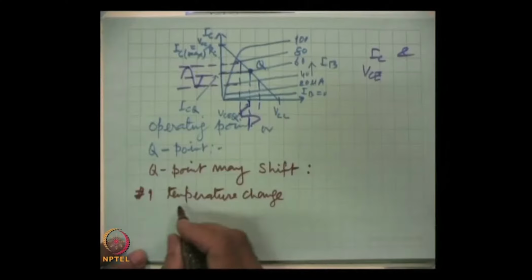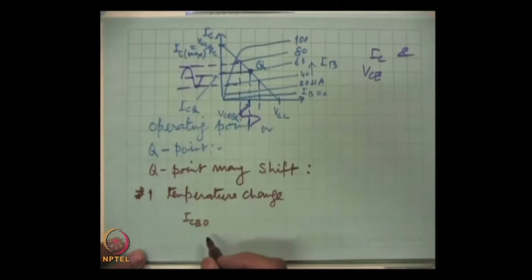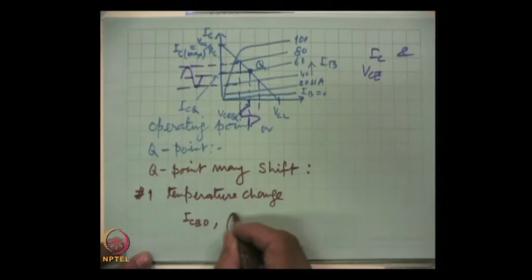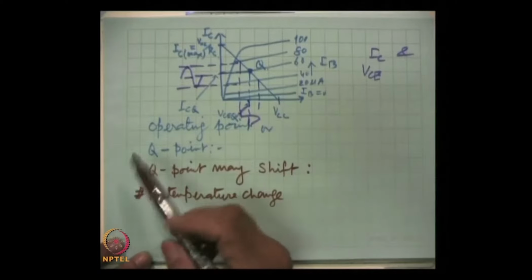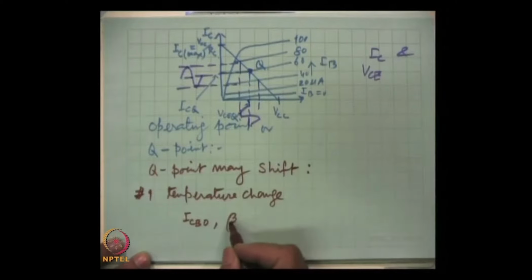Now, what are the parameters of the transistor which are temperature sensitive? We have talked about the reverse saturation current. This is temperature sensitive because it arises from thermally generated charge carriers. If temperature falls, this will be less. If temperature rises, this will be high. Similarly, beta, the current gain. I showed a graph that it varies with temperature. With rise in temperature, beta increases, and with fall of temperature, it falls.